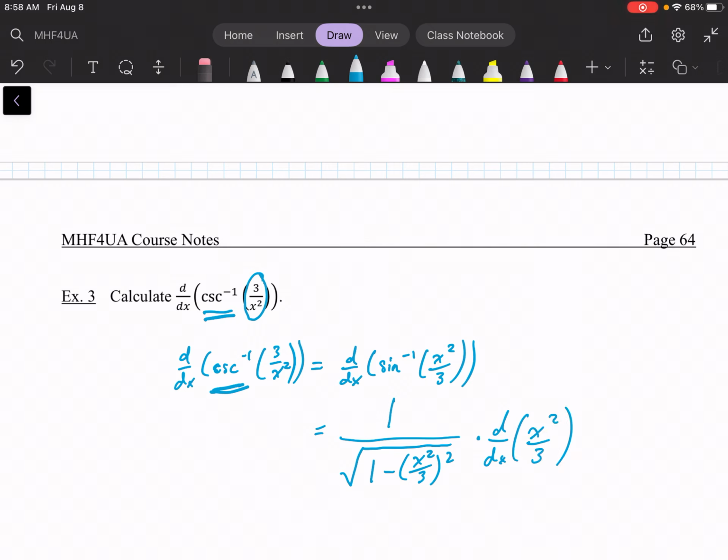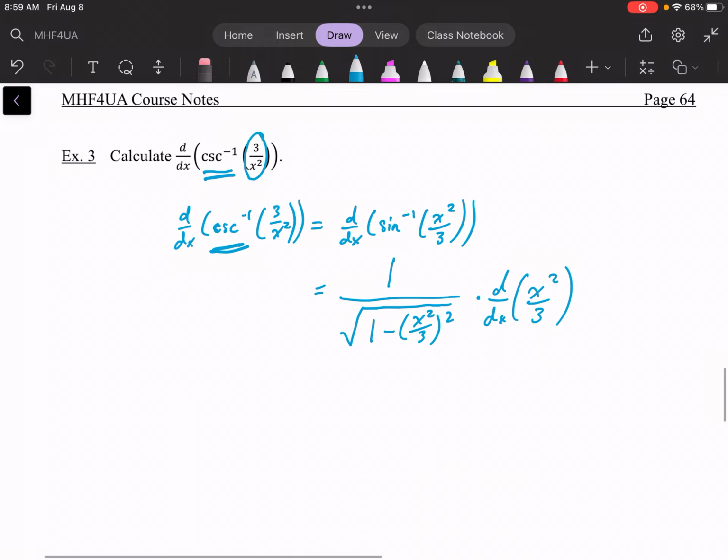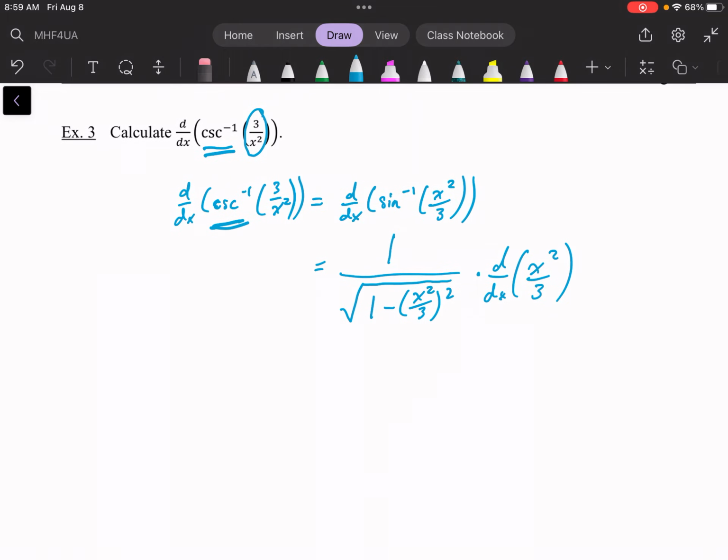This has a function inside of another function. So now that we have this expression, we're just going to simplify it. So this is 1 over the square root of 1 minus x to the 4 over 9 times 2x over 3, or 2/3 of x if you wish.